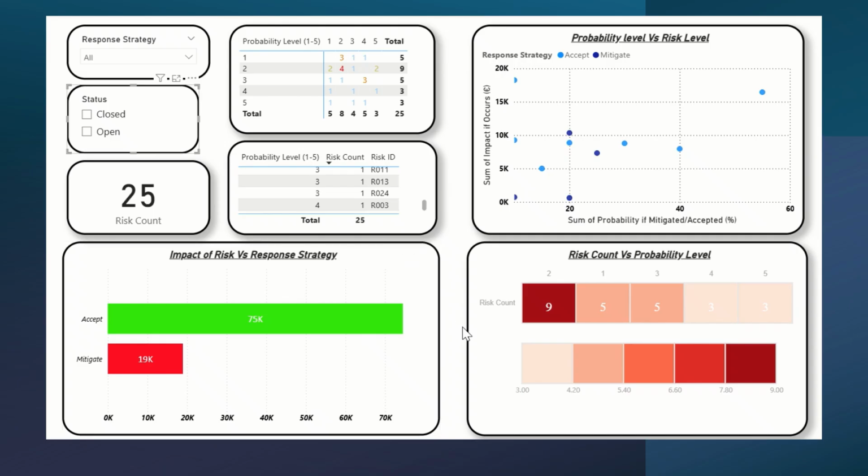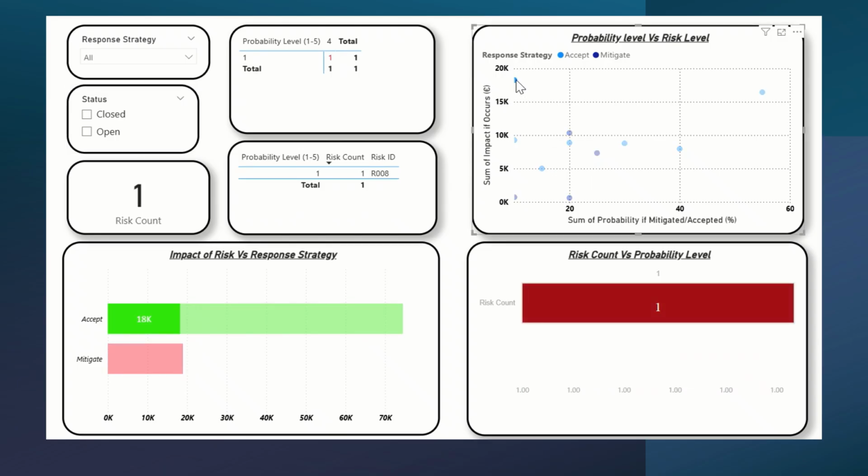I'm trying to show what is relevant for us, as you can see on the different points of the probability of mitigated or accepted risk, and which are the biggest ones. For example, this one has a total impact of 18,240.